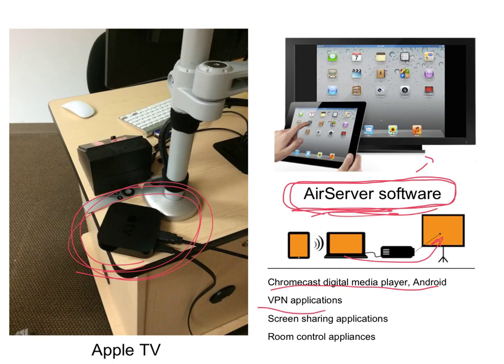There are various virtual private networking applications, and screen sharing applications like Screen Connect, which would allow you to open up a browser on the instructor station and a browser on your laptop or tablet, and have the contents of that device displayed in a browser window on the instructor station. So there are a lot of options, including room control appliances, which we did not have really good luck with, that we want to go through before we figure out what we want to do campus-wide.